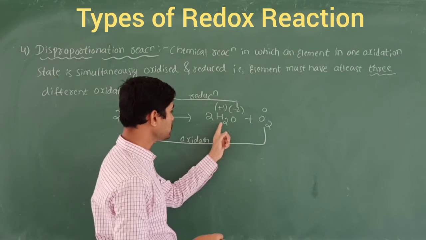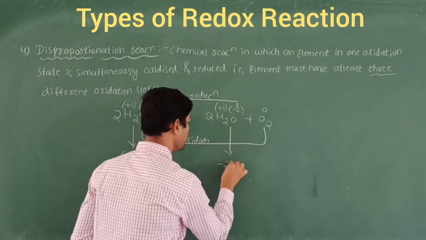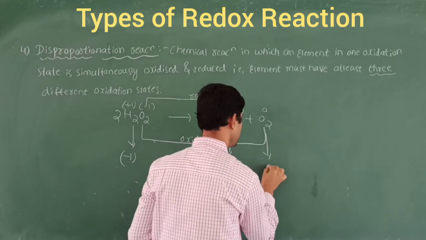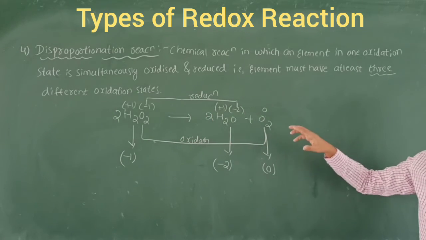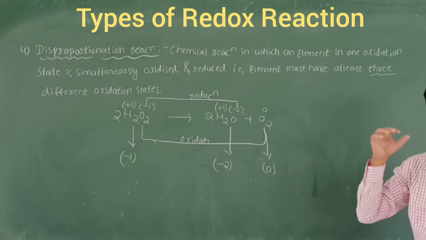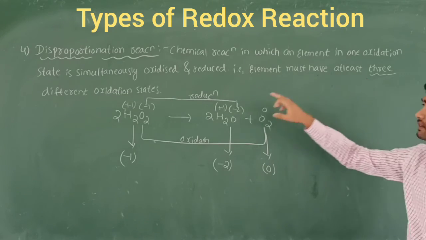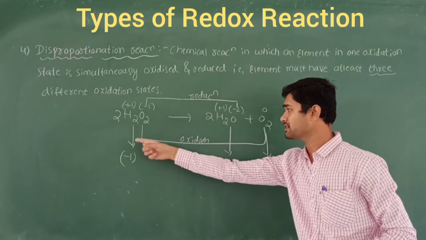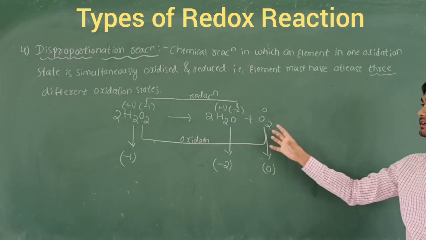In the product side, the first one has oxidation number -2. What about the second product? We obtain the oxidation number 0. So in this case, the oxygen is changing its oxidation number. They must have at least 3 different oxidation states. So like this, the oxygen is showing 3 different oxidation states in a chemical reaction.